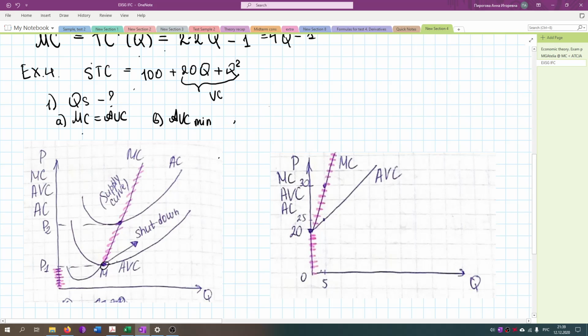So in part A, let's find the equation of marginal cost.